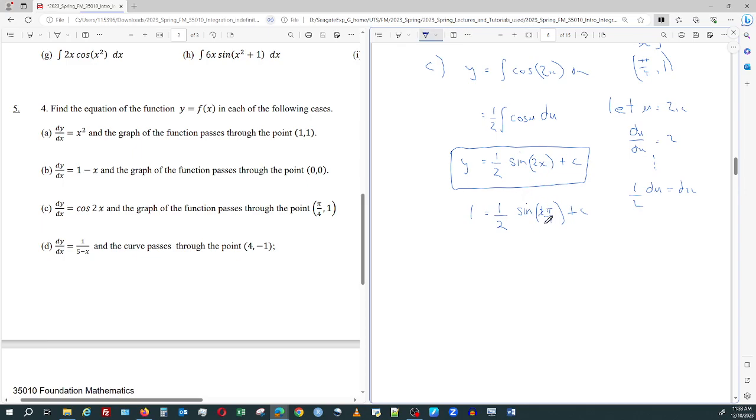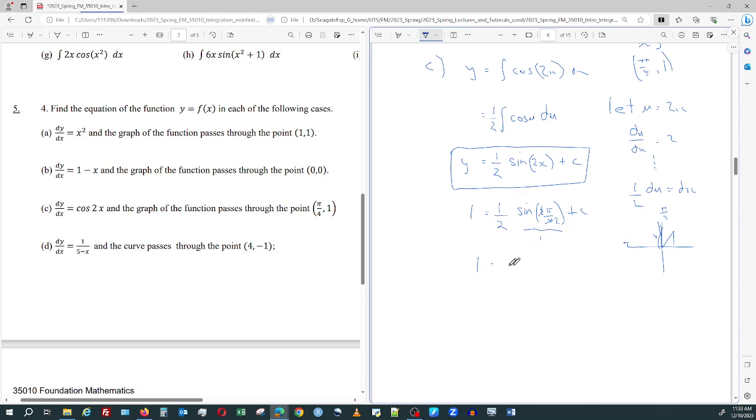So pi on 2. So what does sine pi on 2 look like? Pi is here, pi on 2 is here, so it's a diminished triangle there, which is 1. So the y value is 1. Okay, so it's come right up to here. X is 0, so we get 1.